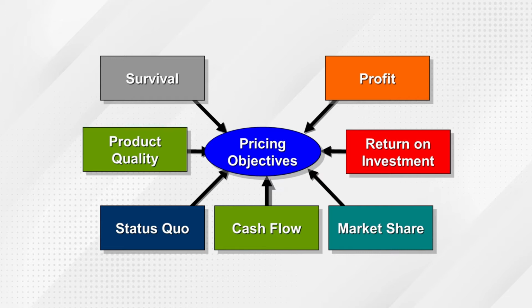So in that case, the firm is likely to have more market share vis-a-vis its competitors, because markets are highly competitive. The pricing objective of market share development requires low prices.